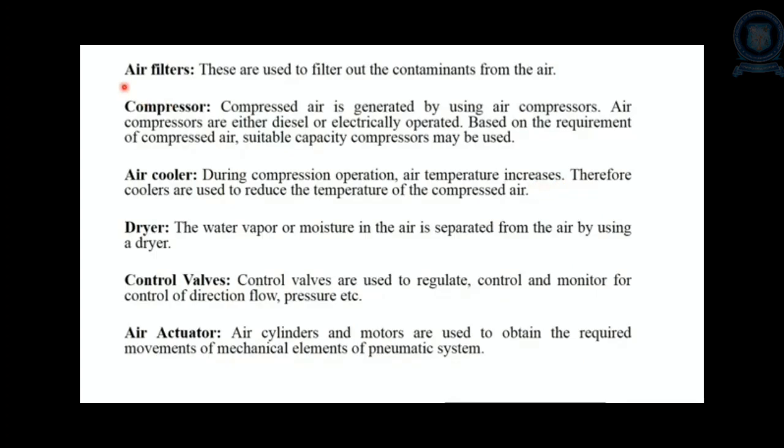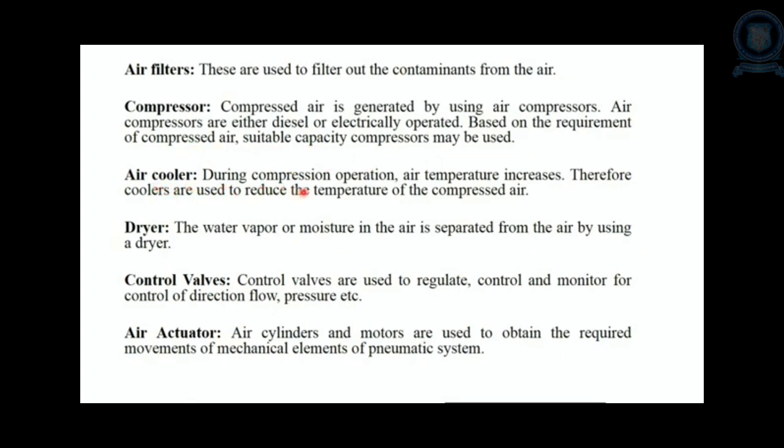Then these are the main components. Air filters. These are used to filter out the contaminants from the air. Then compressor. Compressed air is generally produced by using an air compressor. Air compressors are either diesel or electrically operated. Based on the requirement of compressed air, suitable capacity compressors may be used. Then air cooler.